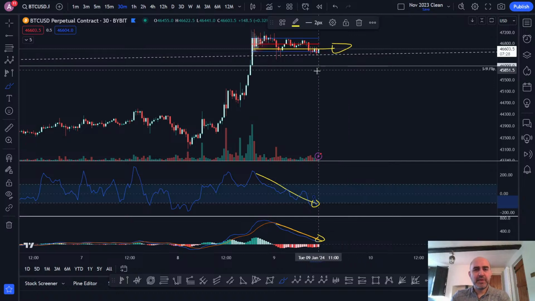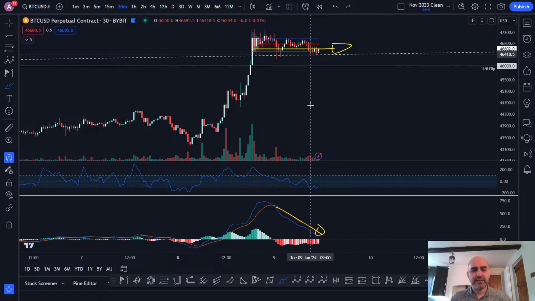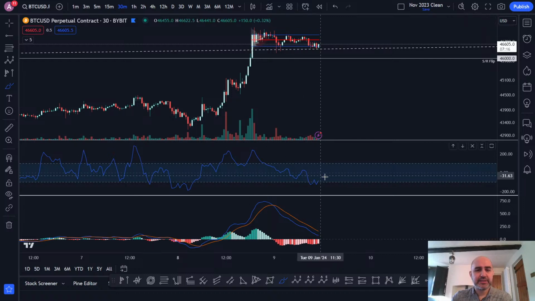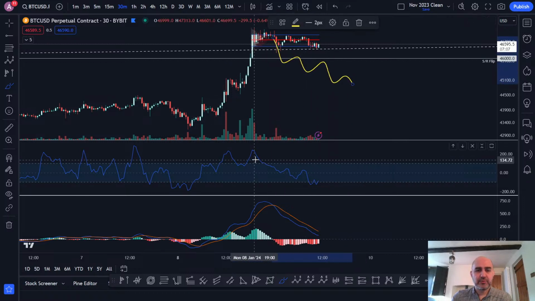So normally if there's no divergence, you're going to expect the price and either the MACD or the CCI to behave and look similar, to look the same. So if the price was following the CCI, it would kind of do this, and it would look the same, and there would be no divergences.